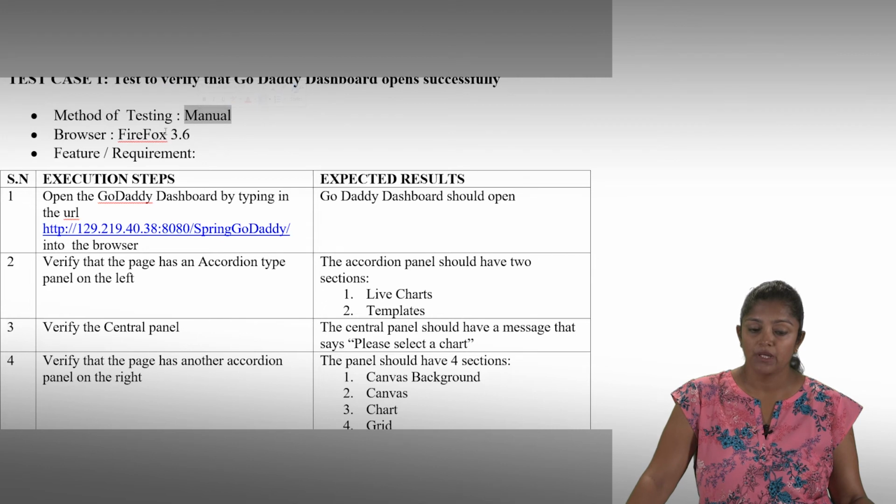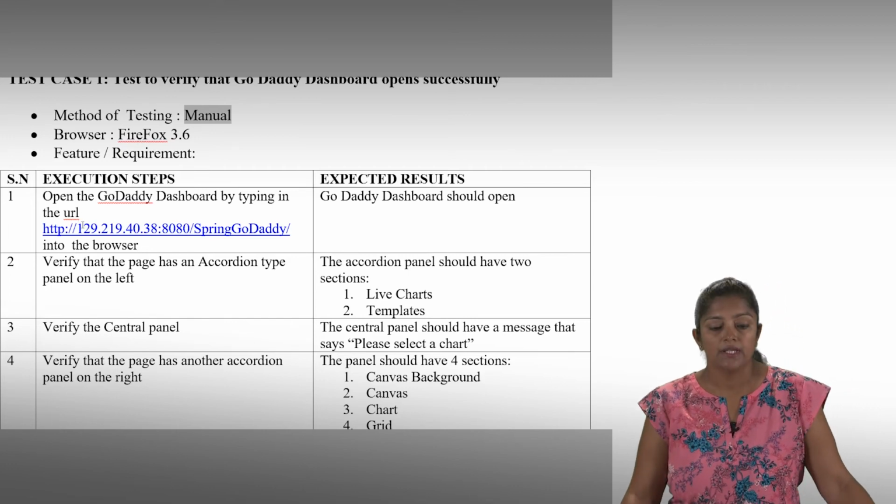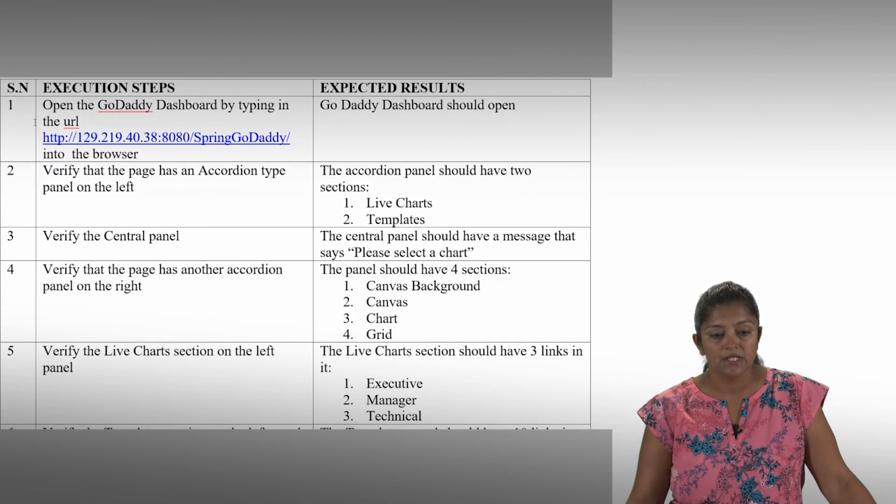In this case, we're saying it's manual. If it's a browser-based software, then which browser it is being tested on, and then basically list the execution steps, and after each execution step, the expected result.